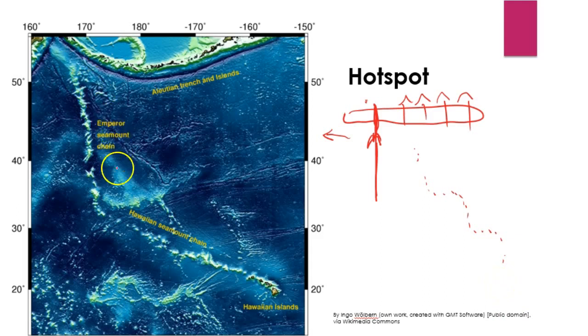And as you can see here, we've got this happening with the Hawaiian Islands. And you have evidence of underground volcanoes as well as the volcanoes that have actually come out through the surface, which are the Hawaiian Islands. So if you see evidence of a hotspot, that's what you need to look for in order to determine whether it's a hotspot or whether it's just a volcano made because of a fault in the crust.